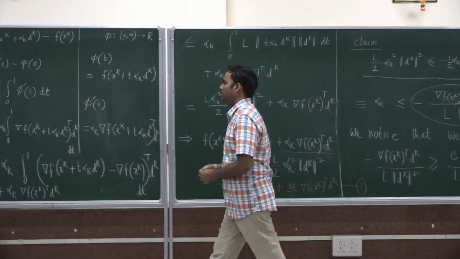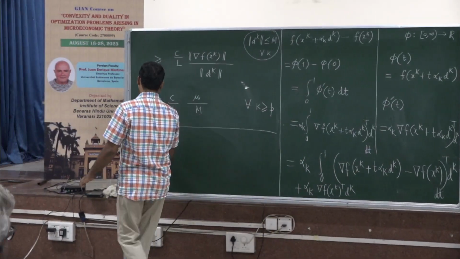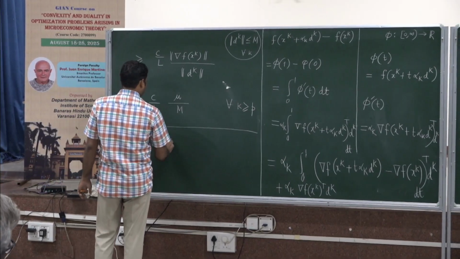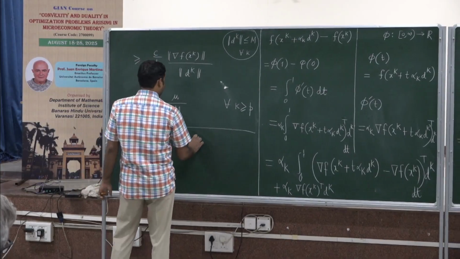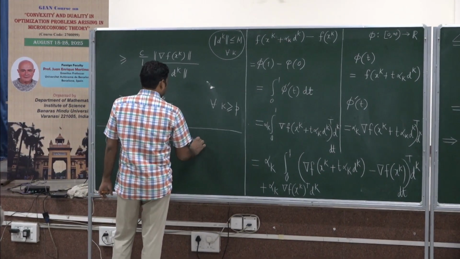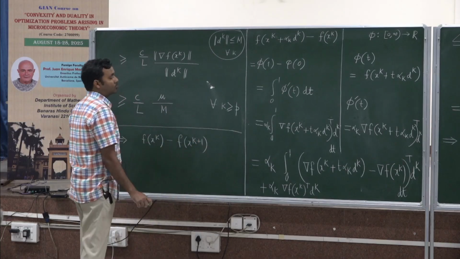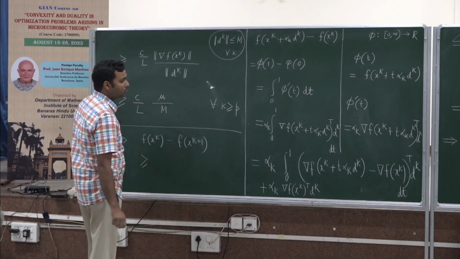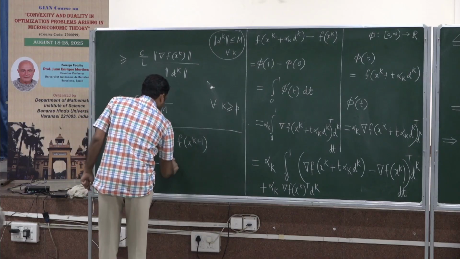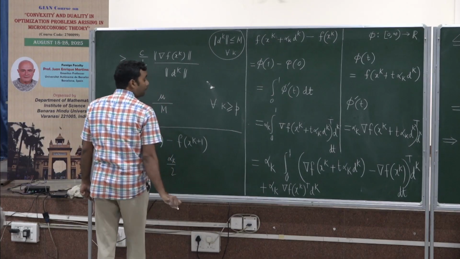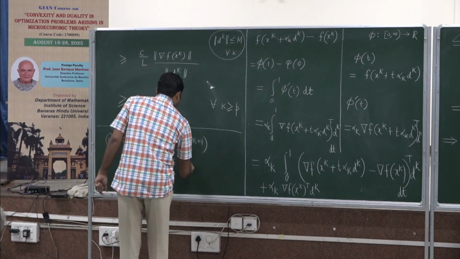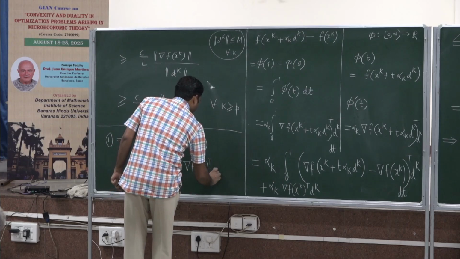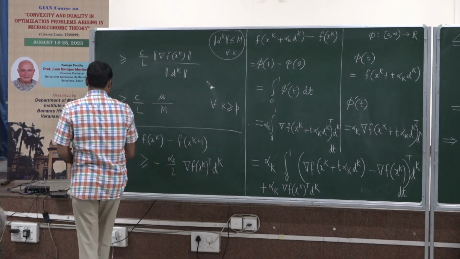From 1 we now have f(xk) minus f(xk plus 1) that is greater than equal to minus alpha k by 2 gradient of f(xk) transpose dk.